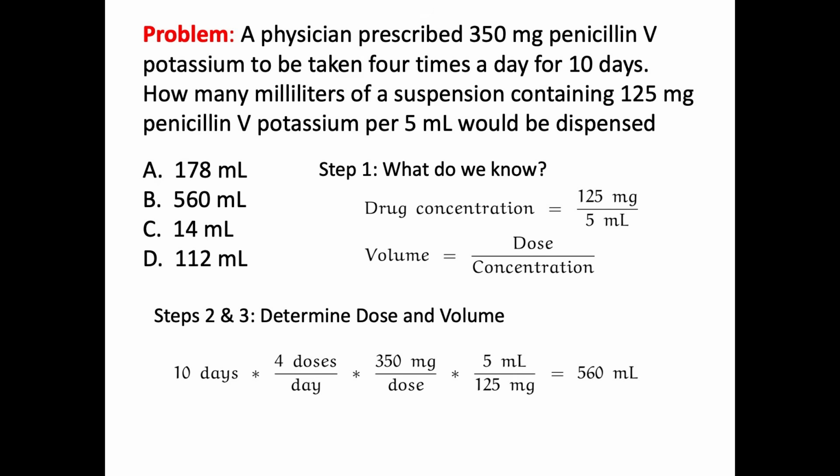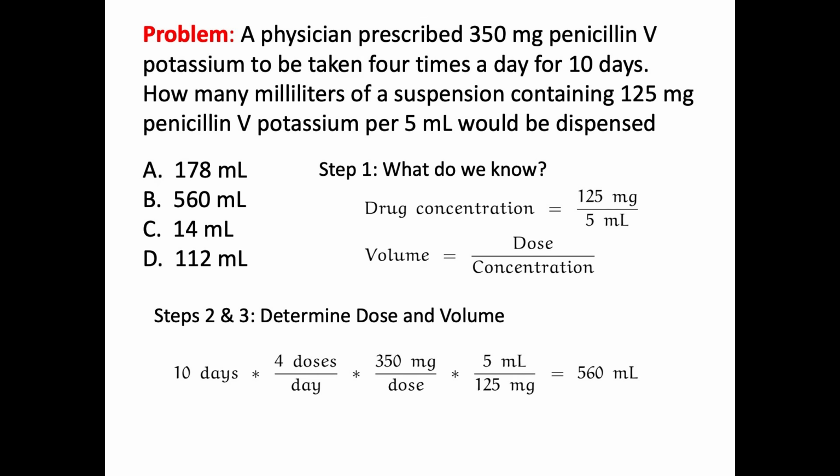I want a volume. Now it says you need to divide by the concentration, but in dimensional analysis, we still multiply. Here's the beauty. What I'm going to multiply by is the concentration expressed however I need to express it so that my units cancel. Since I need to cancel milligrams, I'm going to multiply by 5 milliliters on top over 125 milligrams. I see my milligrams unit cancel.